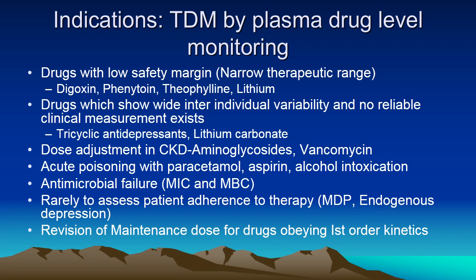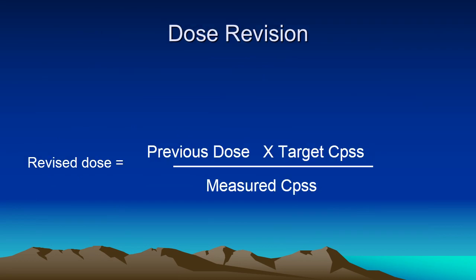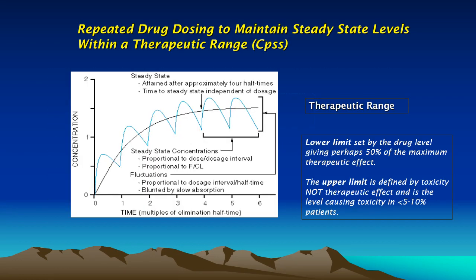And finally, revision of maintenance dose for drugs which obey first order kinetics is done by plasma levels. A revised dose will be previous dose times target steady state plasma concentration divided by measured plasma concentration. That ratio will tell us how much to change the doses for drugs which follow first order kinetics.